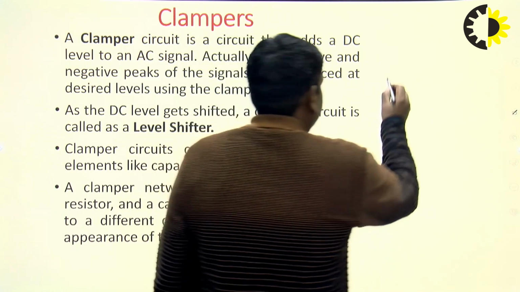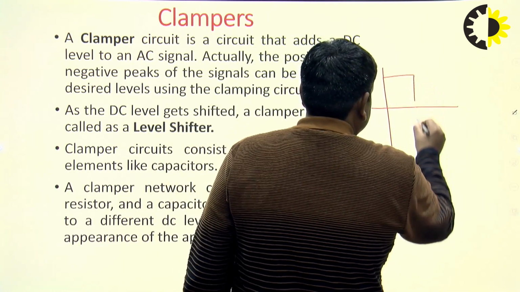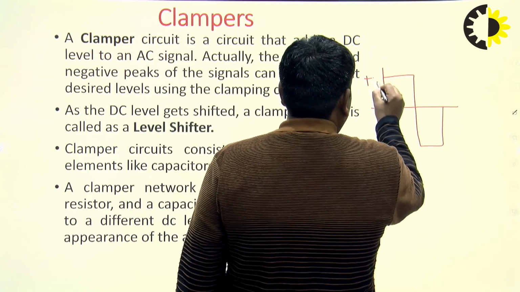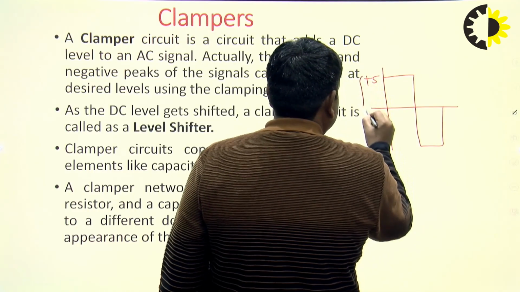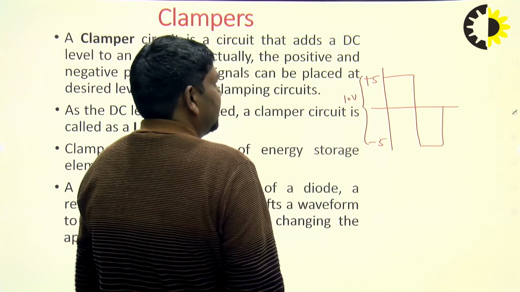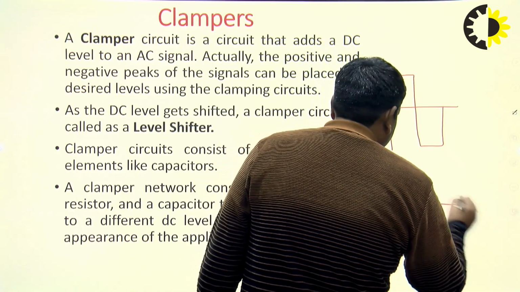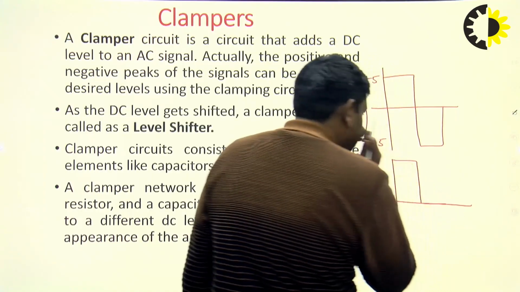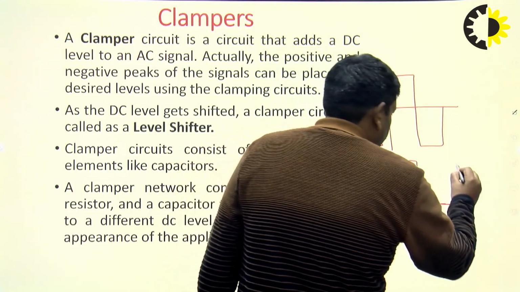Just like if I want this AC signal, this is a digital signal having a potential of plus 5 to minus 5 volts. So the total is 10 volts. The total DC level is to be the same, but it shifts this signal into this type of signal, we can say 0 to plus 10 volt or 0 to minus 10 volt.